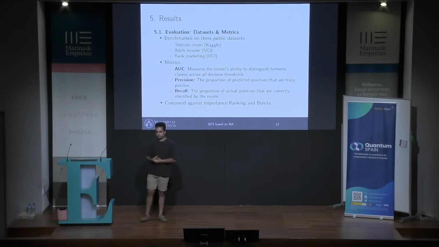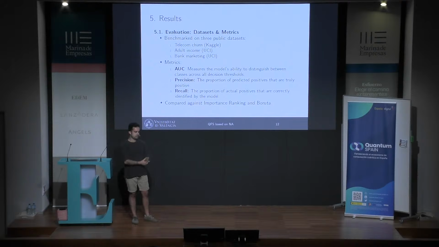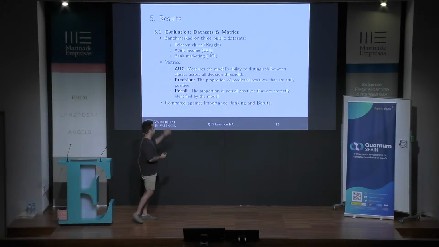Now I'm going to move to the results. We have tested this with 3 different datasets of different problems: bank marketing, adult income, and churn. We measured the performance with these 3 metrics and compared it to classical feature selectors.